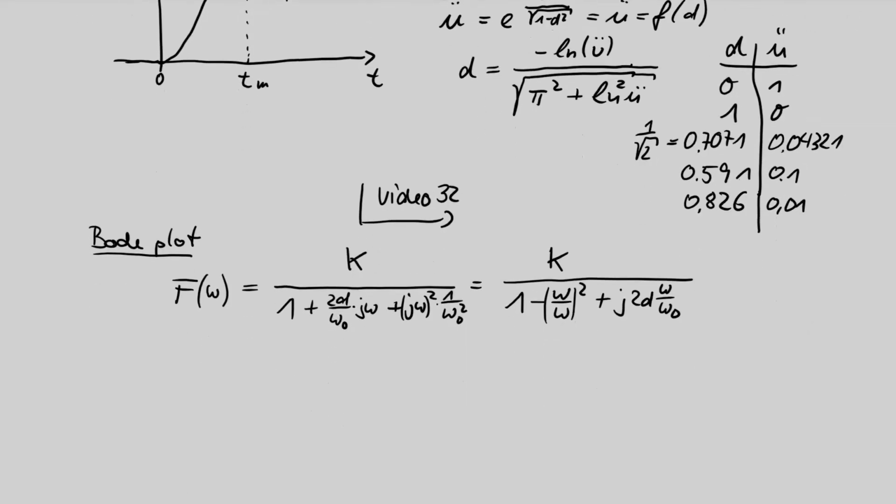With this, we can now discuss the magnitude of the Bode plot. The magnitude of the Bode plot then is the magnitude of the numerator, okay, a real number, divided by the magnitude of the denominator.